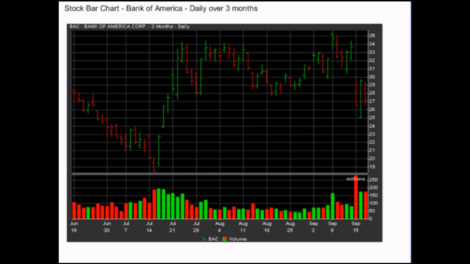But you see here how the open is higher than the close? It's kind of hard to tell. So I look at the stock bar and I have an open and a close. If the open is higher than the close, this one is red.